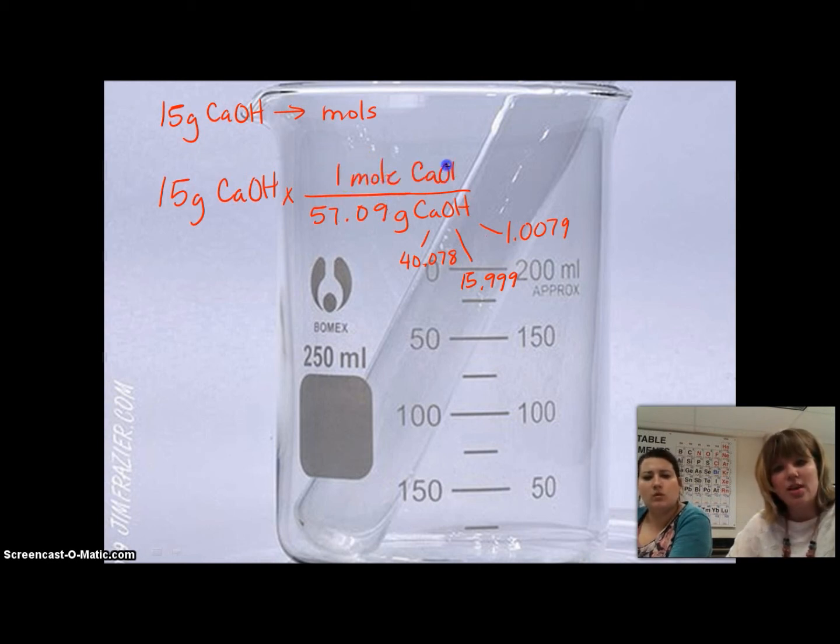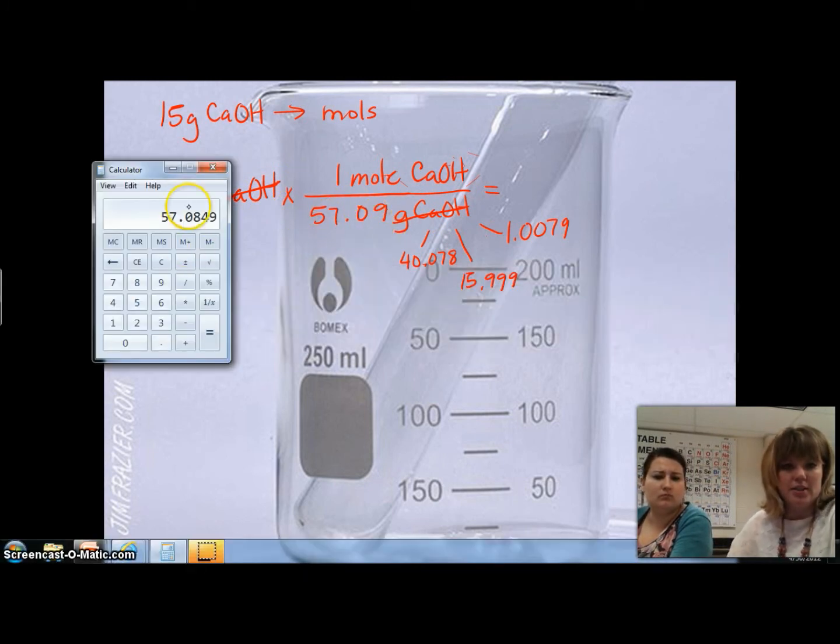Now I saw a lot of you yesterday not writing out, you just put 1 mole. Always write out what's behind here, because it labels it for you. So now grams of calcium hydroxide cancel out, and now we just do 15 divided by 57.09.